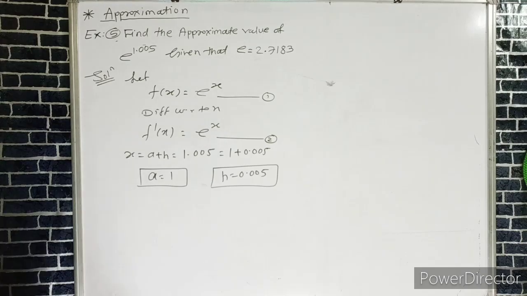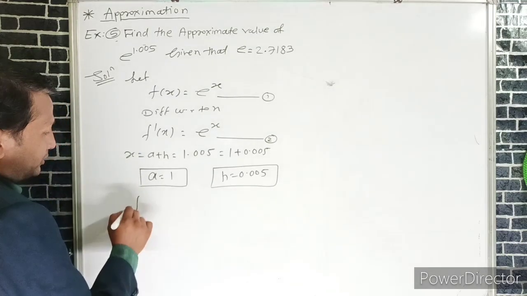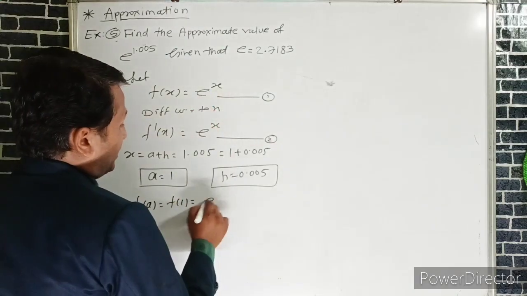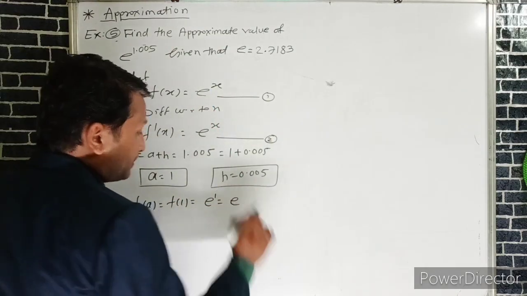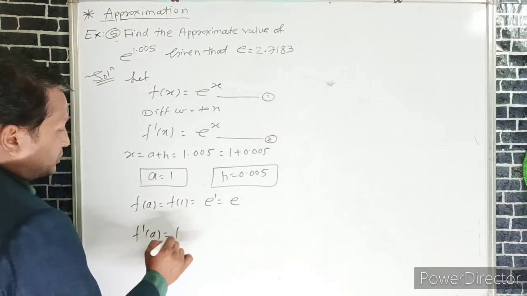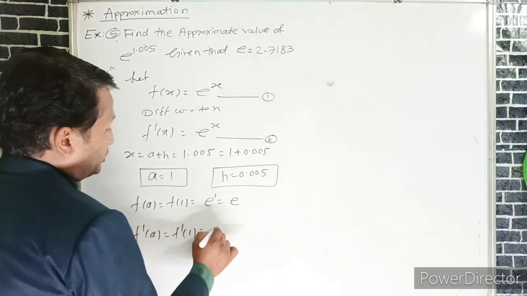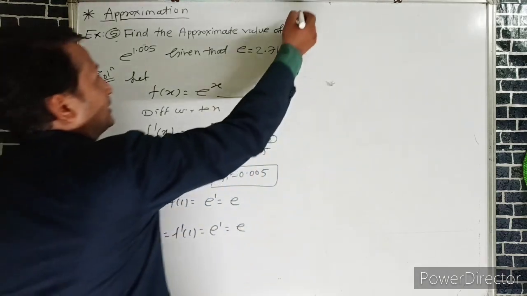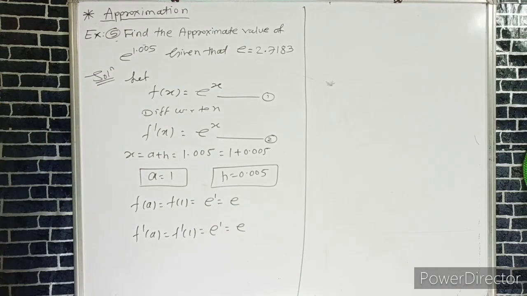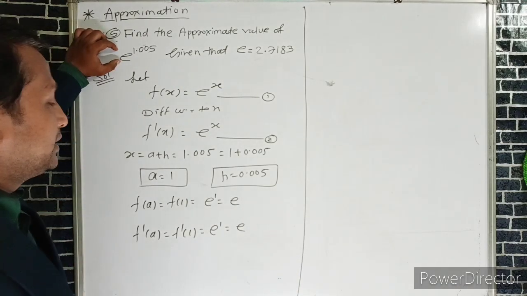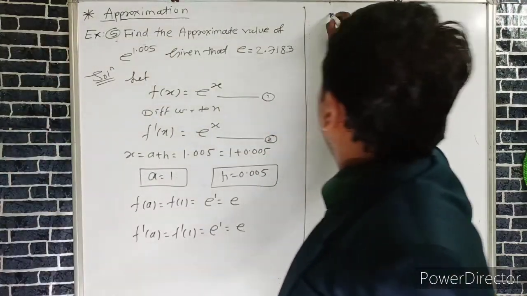Now from the above we can find the value of f of a, or f of 1, which is e to the power 1, which is e, and the value of f dash of a, which is f dash of 1, is e to the power 1, which is also e. Then, if we have to find the value of e to the power 1.005, we can use the rules of approximation.